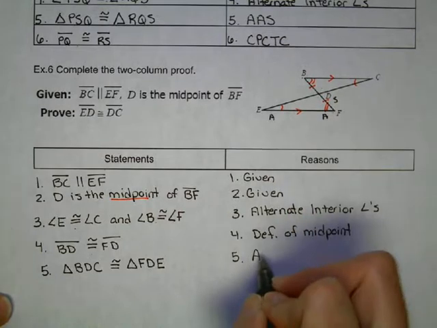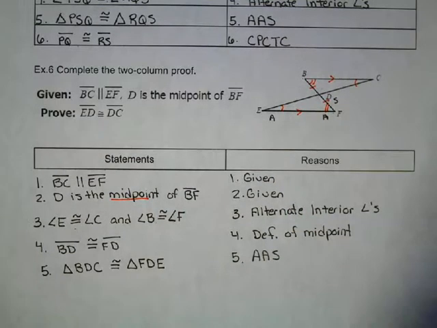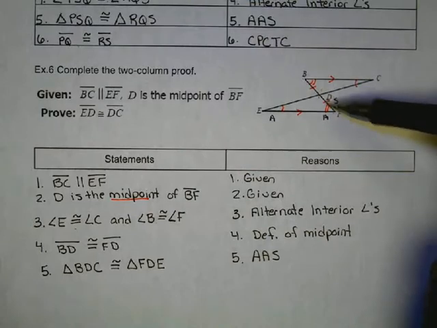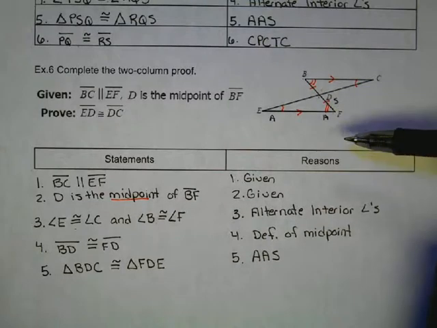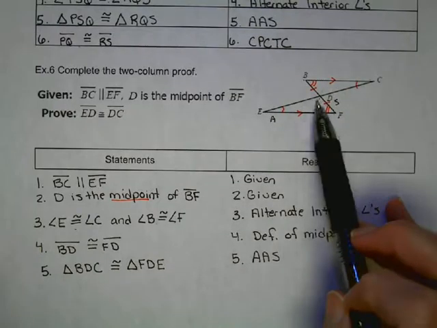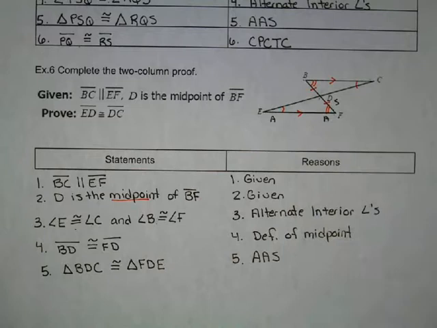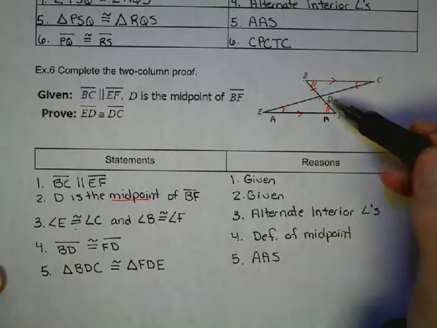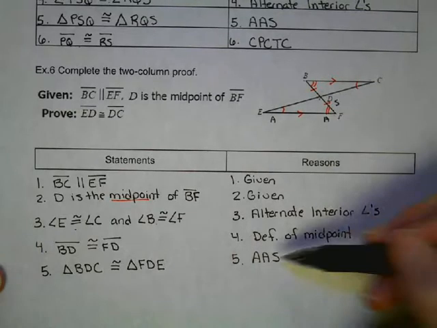If you chose to use the vertical angles and this angle, you might have angle, side, angle as your choice. If you did this angle and this angle, it would still be angle, angle, side. So on this one, your two options are either going to be angle, side, angle, if you use the vertical angle and this side, or it would be angle, angle, side if you use the other angles.